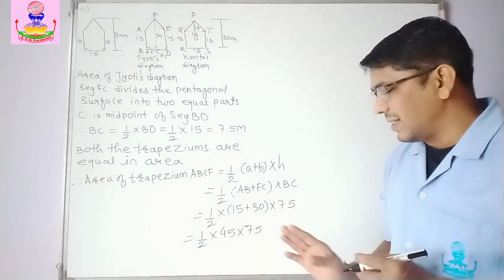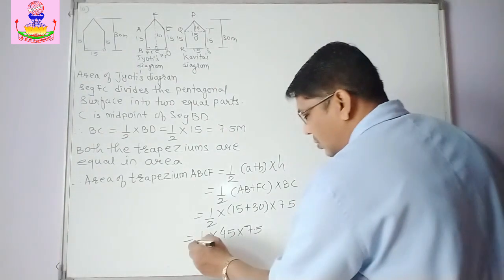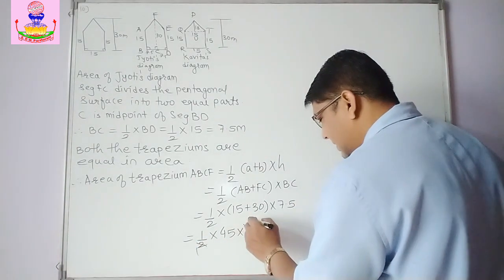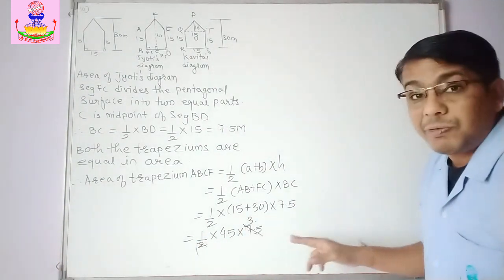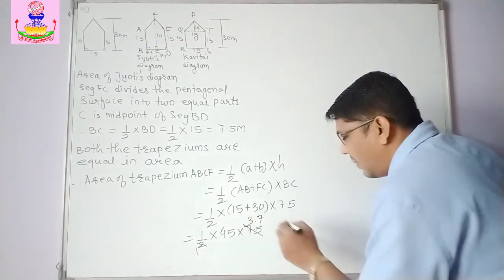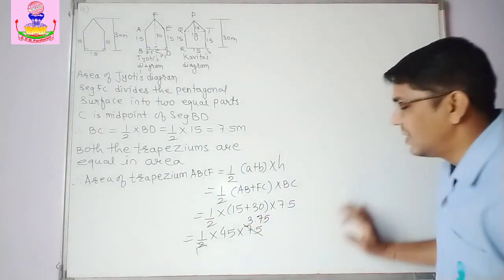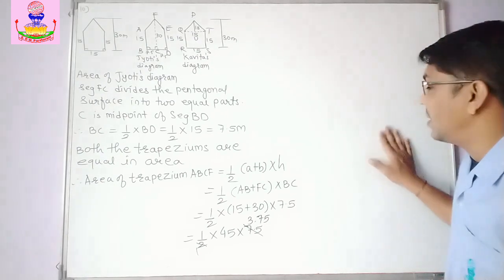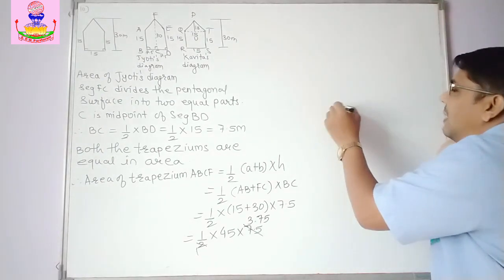So what we can do, we can divide this further. Better than having two decimal points, we will have only one. Half of 7.5 is 3.75.